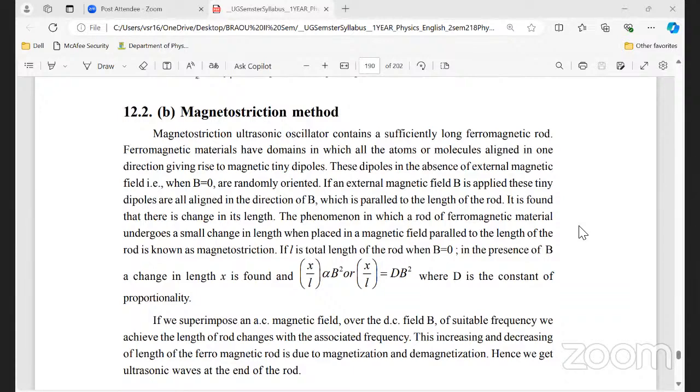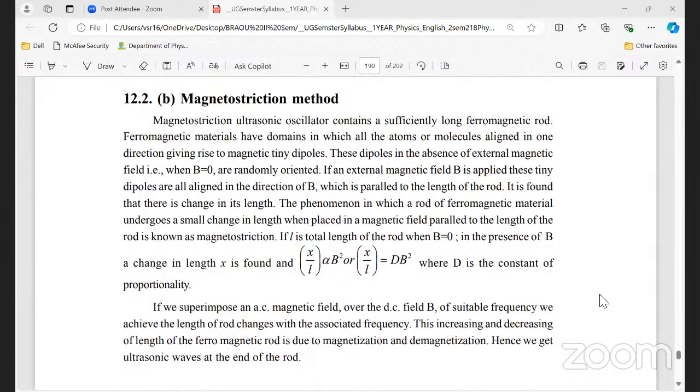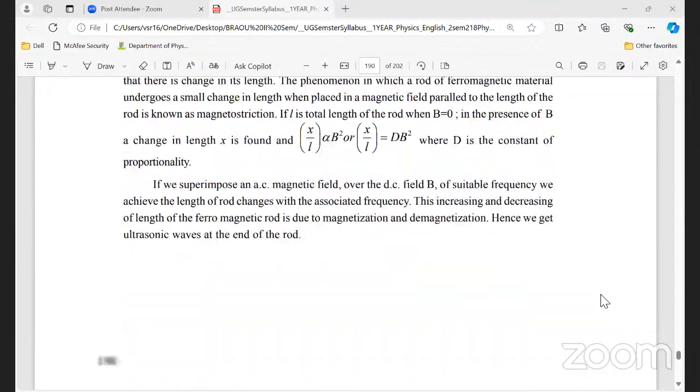If L is the total length of the rod when B equals 0, meaning there is no magnetic field, then when the field is applied the length of the rod changes by x. Here x by L is proportional to B square, or x by L equals dB square, where d is the proportionality constant.